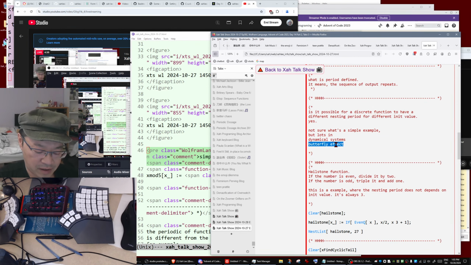Butterfly effect means a function such that given an initial value, it may become periodic when you nest it, into some kind of loop. However, you give an initial value that's very, very close to the previous one, differing by 0.00001.